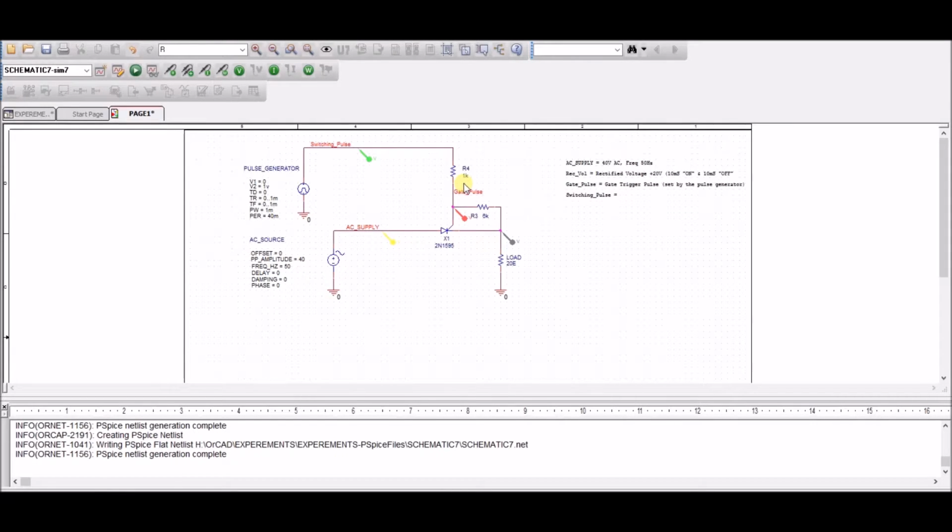Since this is at a lower resistance than this, the potential at this point should be higher if the voltage here is sufficiently higher. In this case, we have given just a 1 volt pulse, and this is dividing, and the voltage here is much smaller.